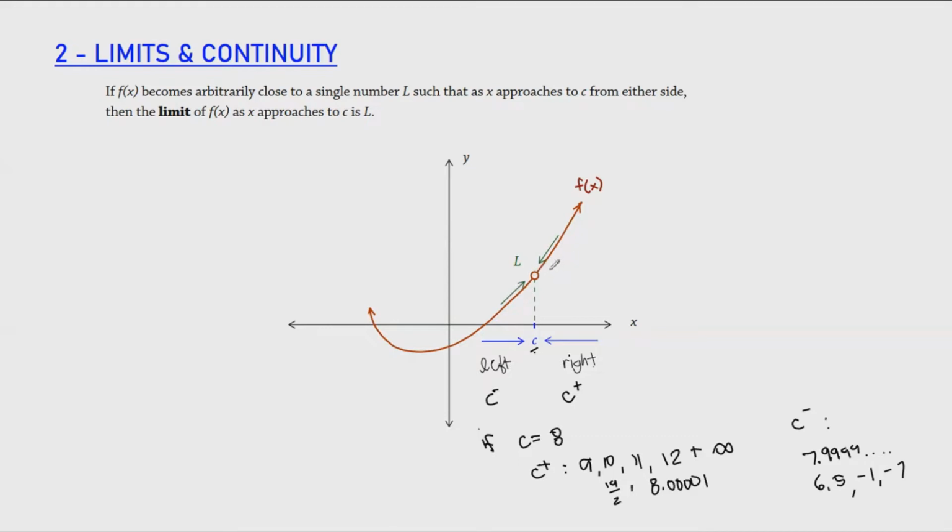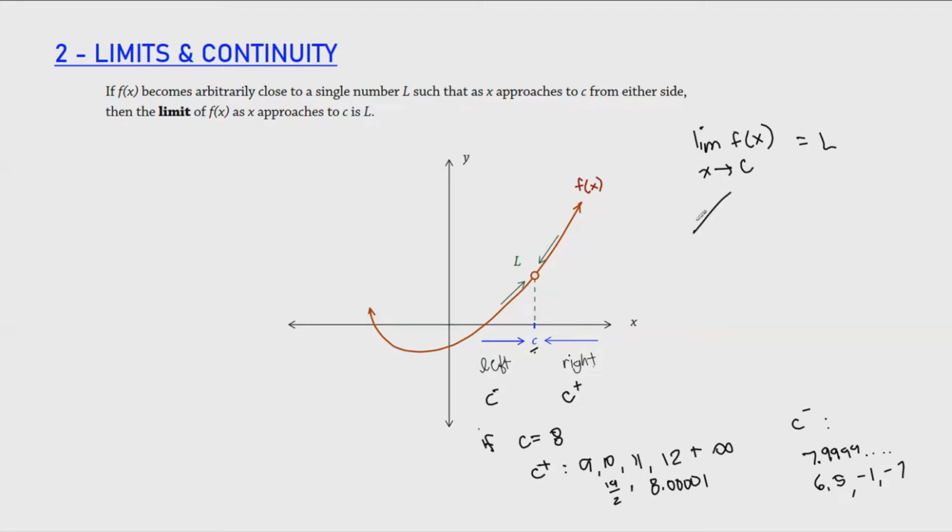If the limit has the same value, then we will call this, of course, the limit of the function. So just to make it clear, the limit of f of x as x approaches c is equal to L. This is true if and only if the right and the left limit have the same values of limits.